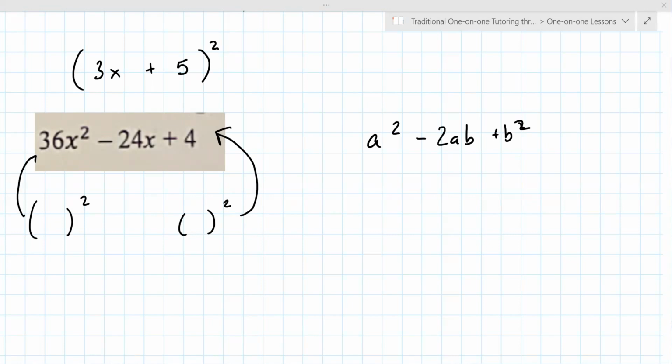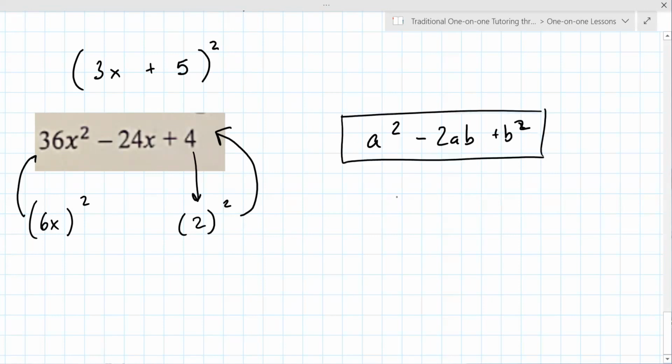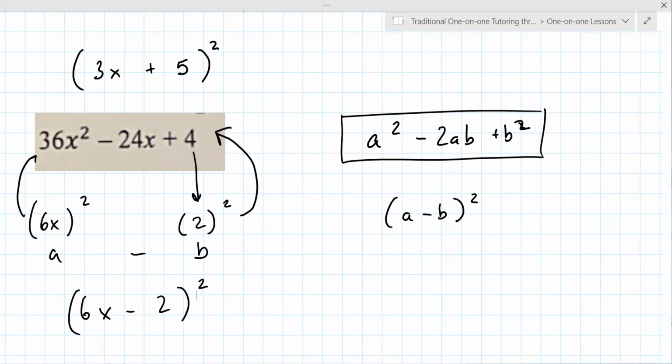That's parentheses of 6x minus, well, what does this become? Plus a 2. That's right. So this is the form right here. It becomes a minus b squared this time. So this time it's a minus this b. So 6x minus 2 squared.